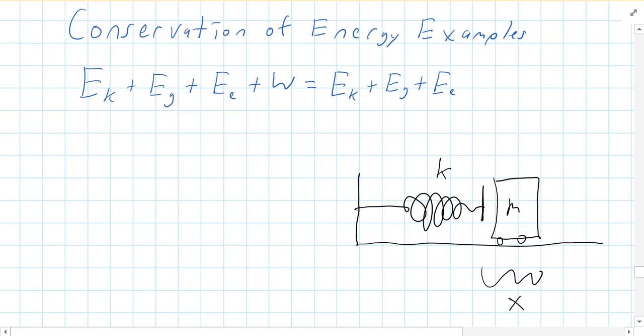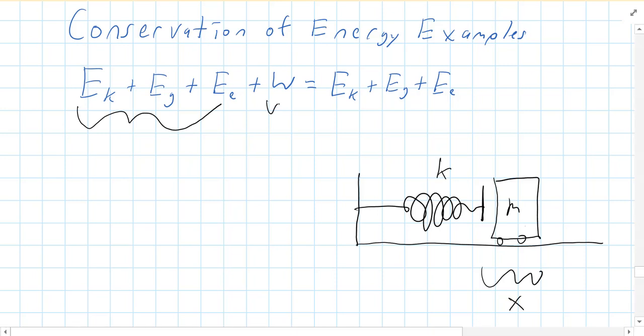All right. So quick reminder, these first three terms, that's the mechanical energy that the system has before, or at one location of its motion. E_K is kinetic energy, E_G is gravitational potential energy, and E_E is spring potential energy.